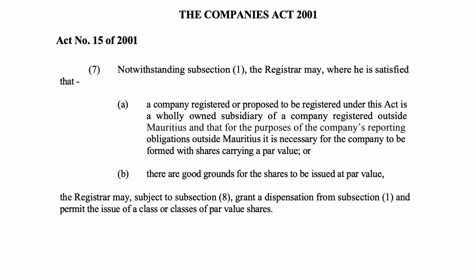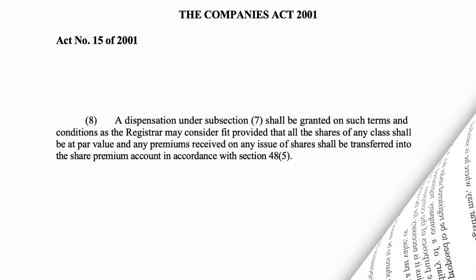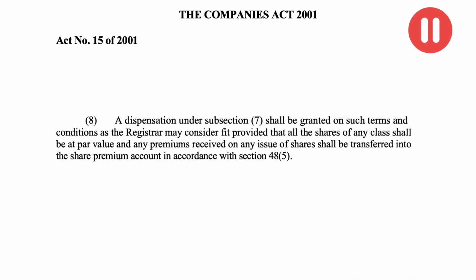In such cases, the registrar may, subject to subsection 8, allow for the issue of a specific class or classes of shares with a par value. Lastly, a dispensation under subsection 7 will be given based on terms and conditions determined by the Registrar of Companies. It is important to note that all shares of a particular class must have a set par value, and any premiums received from issuing shares must be moved into the share premium account, as outlined in section 48.5.